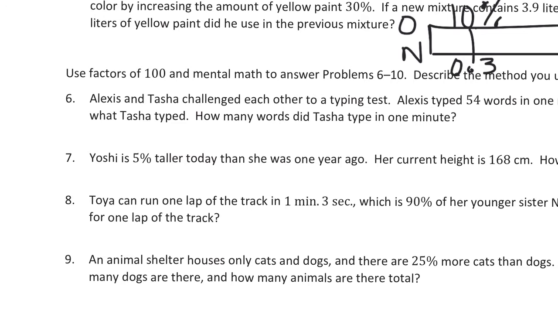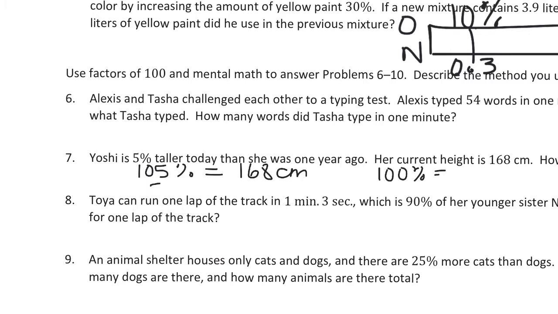So she's 5% taller than she was last year. So she is 105% is equal to the 168 centimeters that she is now. So I want to know what 100% is. That's my goal. That would be how much she was last year.